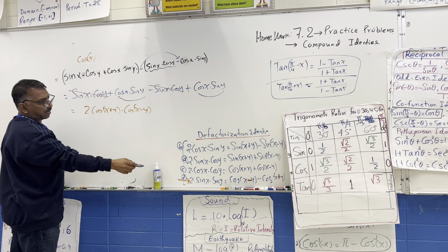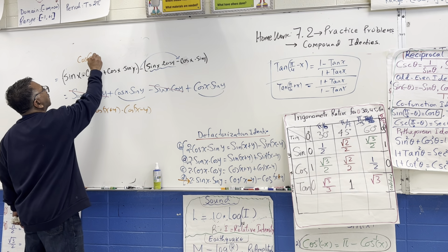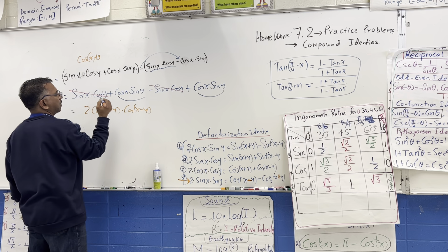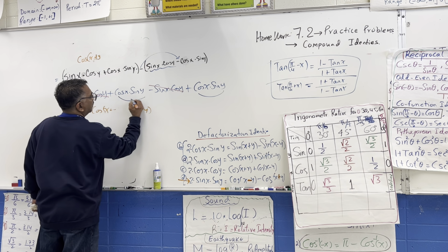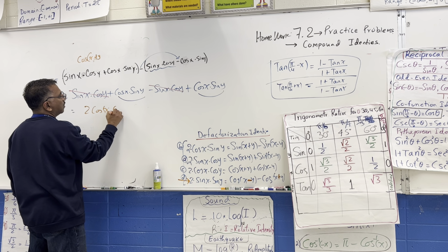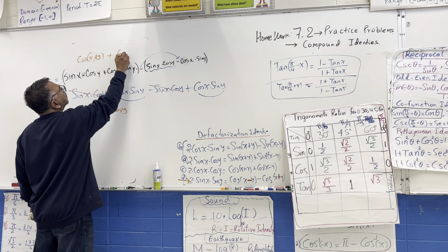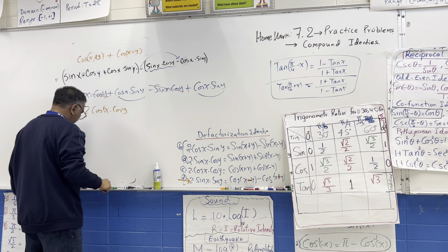This is the one, see? Cosine x plus y plus, so this is 2 cosine x cosine y. So if this was the case, we'll see that.